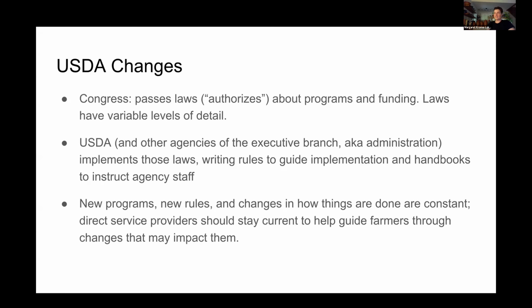And you're going to see new programs happen every time Congress passes a farm bill. The funding cycle is annual, so that may change the availability of different programs. So things change all the time. And that's a hard thing for a farmer to track. So one thing direct service providers can do is stay current to help guide farmers through those changes, understand what they are and how they may be impacted.